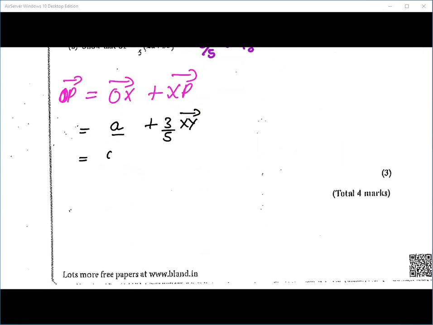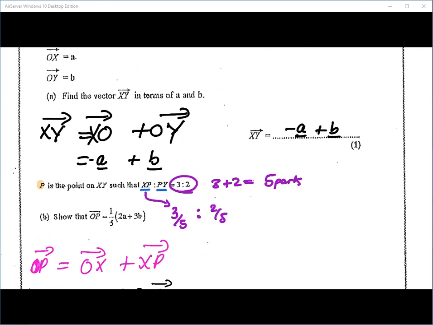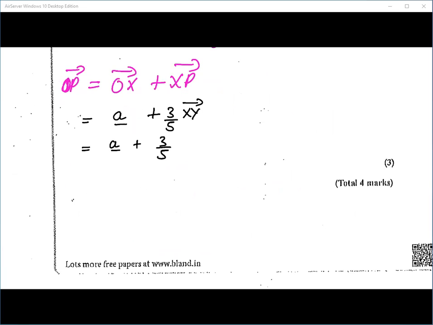So we have A plus 3/5 of bracket minus A plus B. So that gives you A minus 3/5 A plus 3/5 B, which gives us 2/5 A plus 3/5 B, because 1A is worth 5/5, minus 3/5 is 2/5.